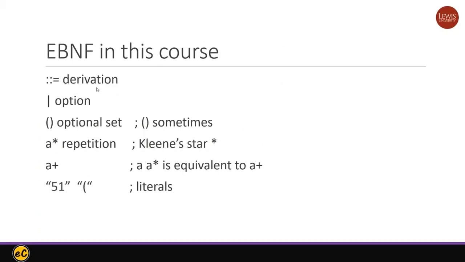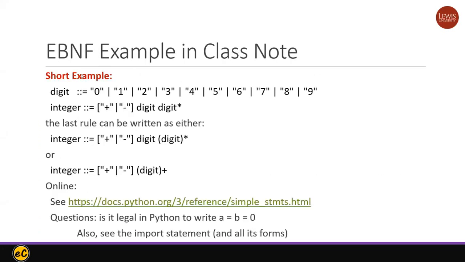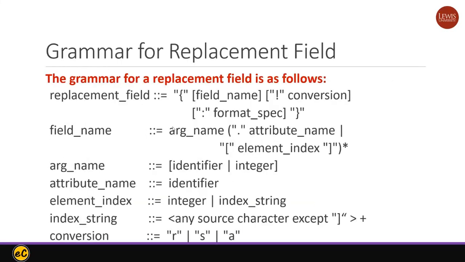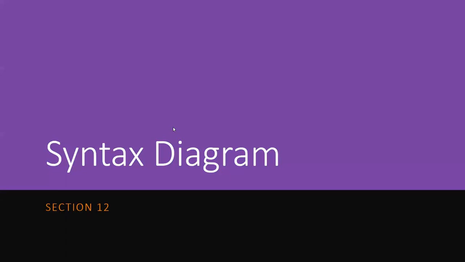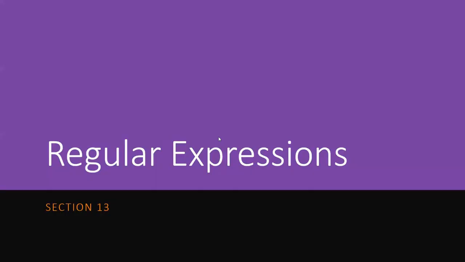Okay, so you can describe the finite state machine in EBNF format, okay? Extended Backus-Naur Form. If you describe it in this EBNF format, then you can use Lex to generate the lexer by itself.